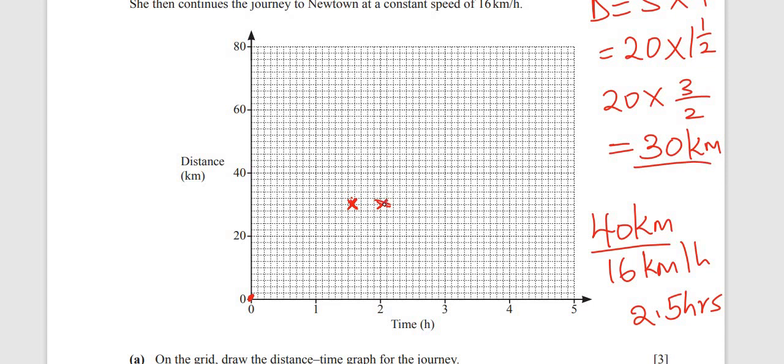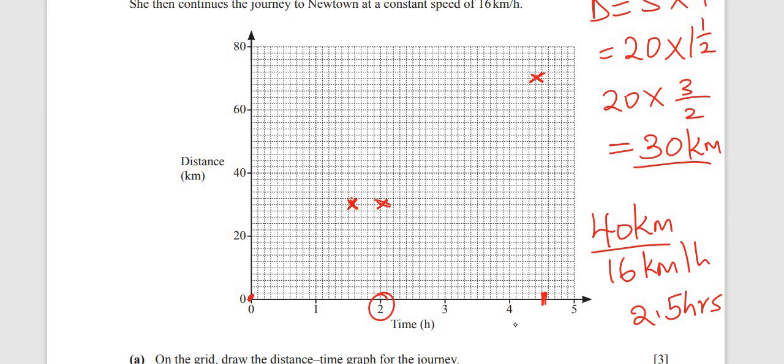So from here all the way up to 4 hours and 30 minutes, or 4.5 hours, at that time she has arrived at Newtown. So we can mark that point: 70 kilometers and 4.5 hours, because from here she cycled 2.5 hours. So that means she's going to reach Newtown after 4.5 hours.